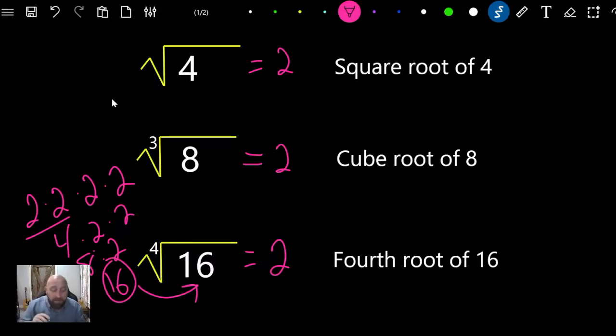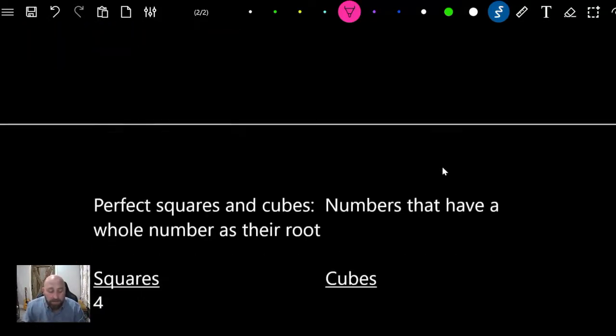So 2 is the square root of 4, 2 is the cube root of 8, and 2 is the fourth root of 16. Complicated? Yes. Mind-blowing? Yes. But when you work with this long enough and keep practicing these, it will start to make a little bit more sense.